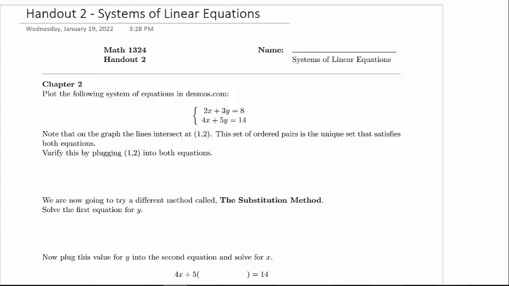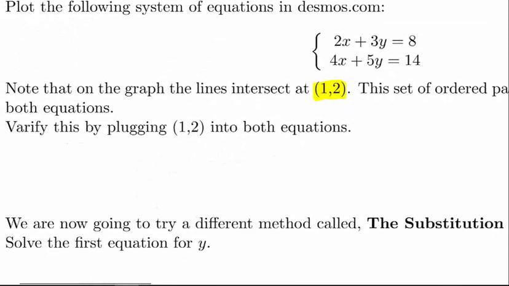So what we want to do here is we want to verify that the x and y coordinates 1 and 2 are solutions to this equation. So all we do is we plug 1 and 2 into the first equation to make sure the left-hand side equals the right-hand side.